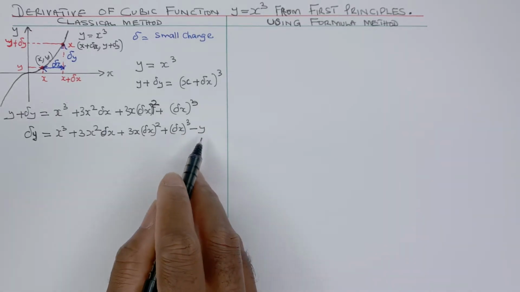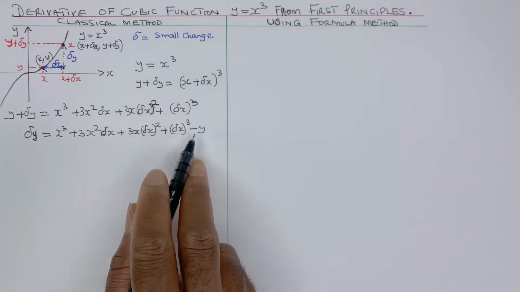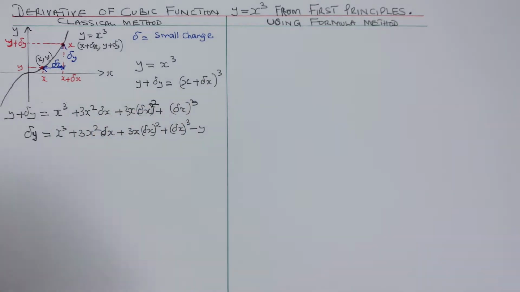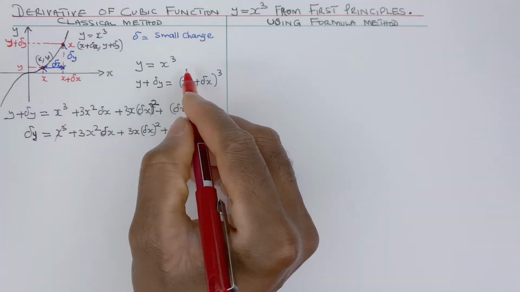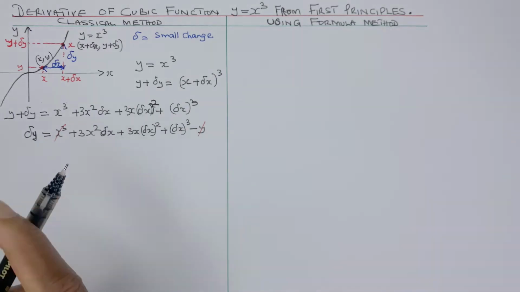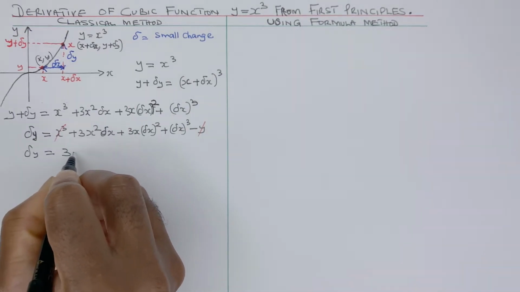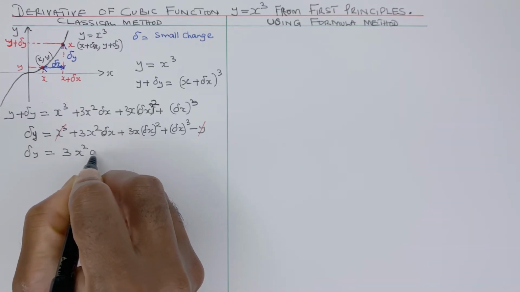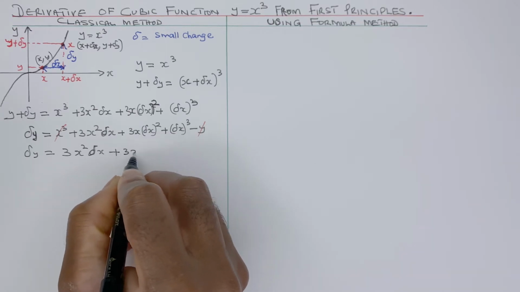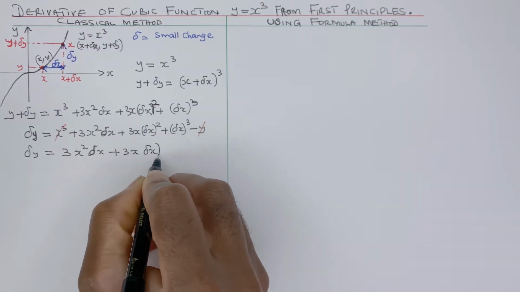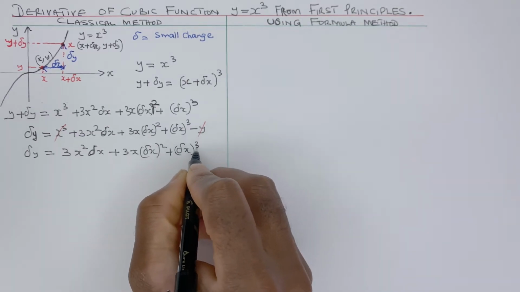But we know what y is. y is x cubed. So that's x cubed here minus x cubed. So they will cancel out, right? Because y is x cubed. Therefore, delta y equals 3x squared delta x plus 3x delta x squared plus delta x cubed.